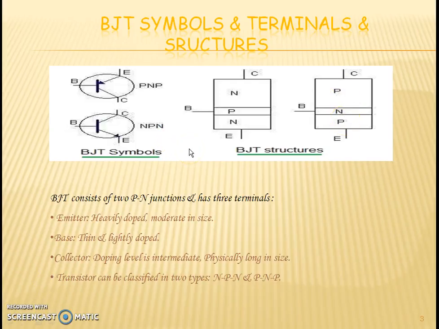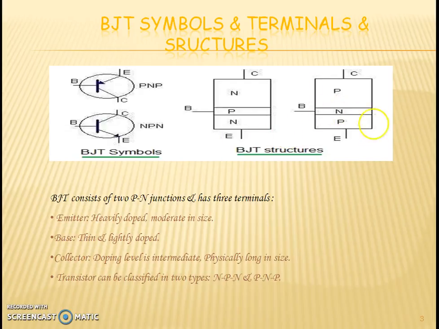A transistor can be classified into two types based on its construction. First one is NPN, as we can see in the figure, and the second one is PNP. A transistor in which two layers of n-type semiconductors are sandwiched by a p-type semiconductor is known as an NPN transistor, and a transistor in which two layers of p-type semiconductors are separated by a thin layer of n-type semiconductor is known as a PNP transistor.